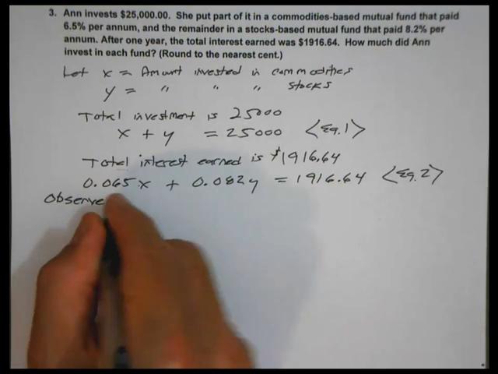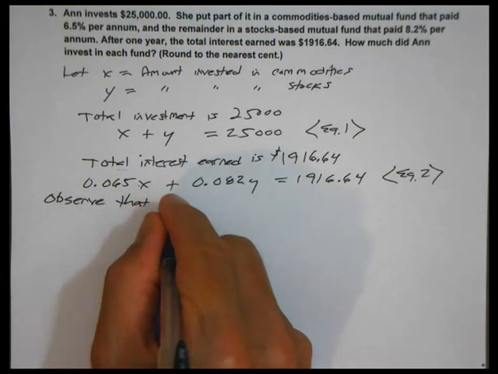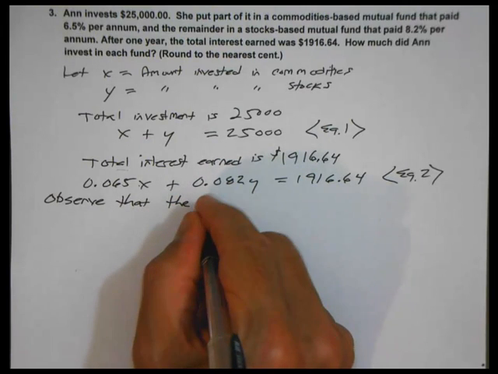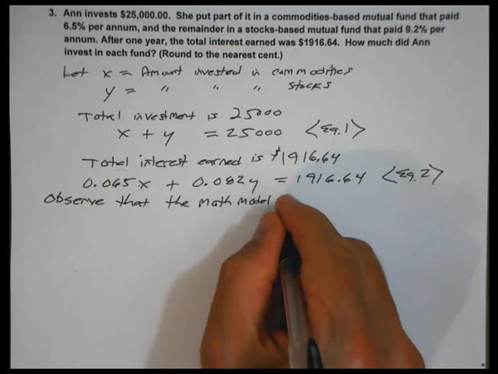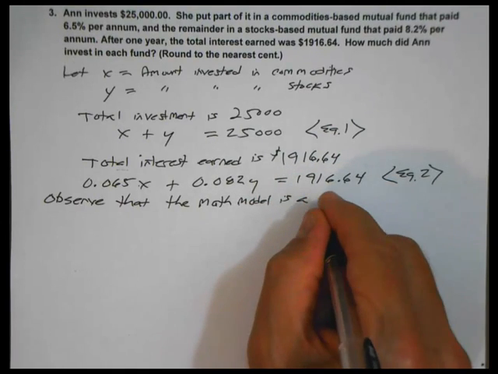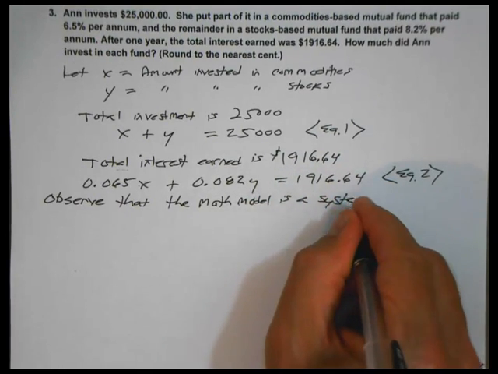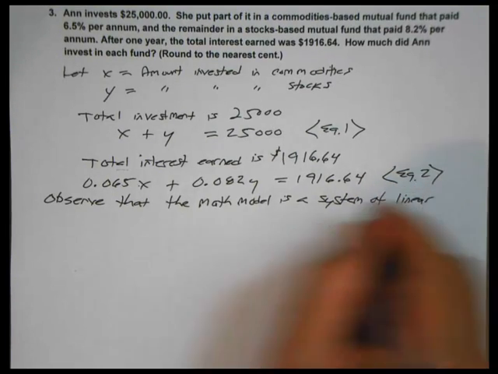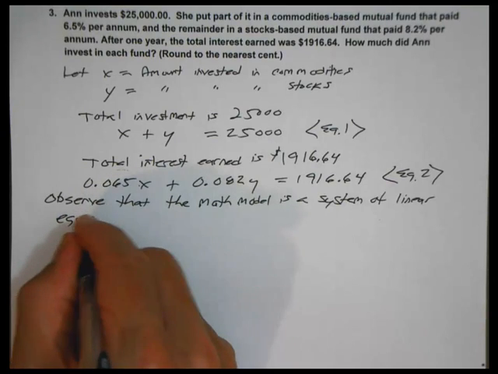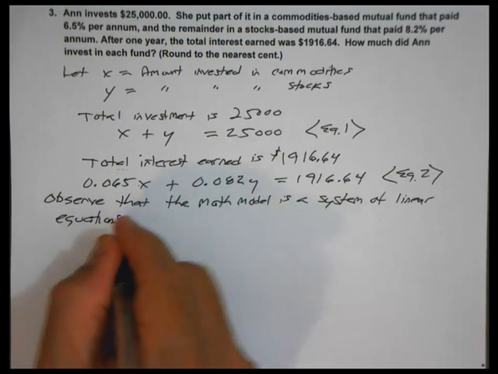So observe that the math model is a system of linear equations, two variables.